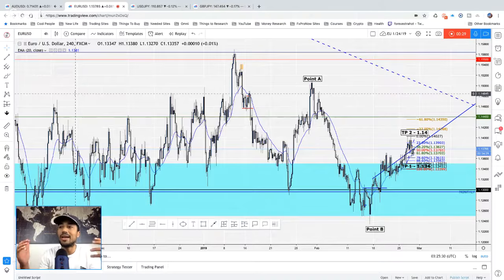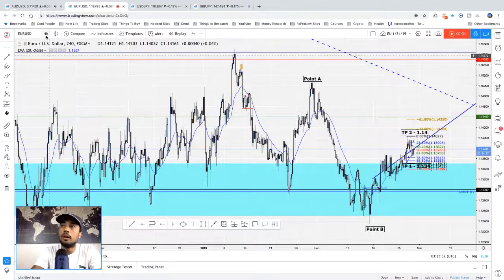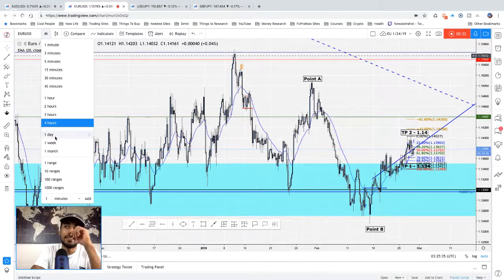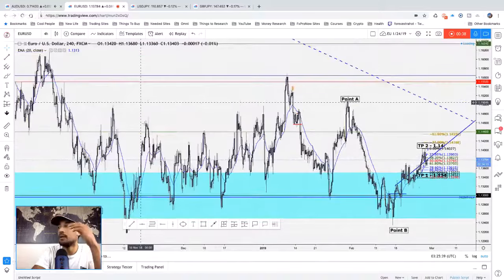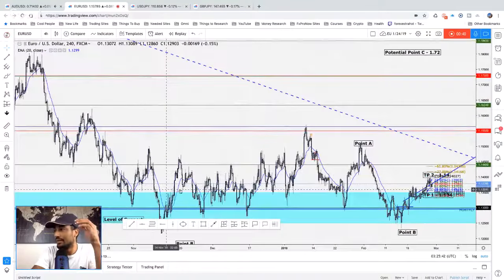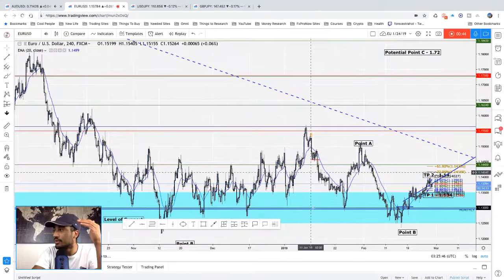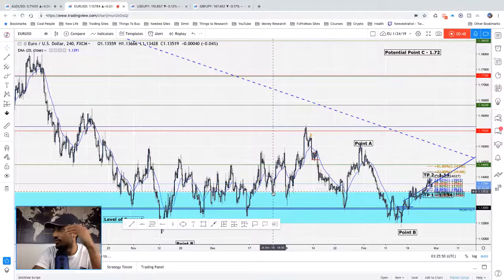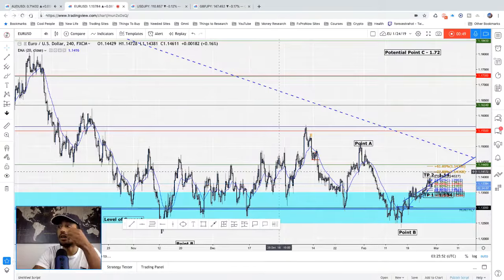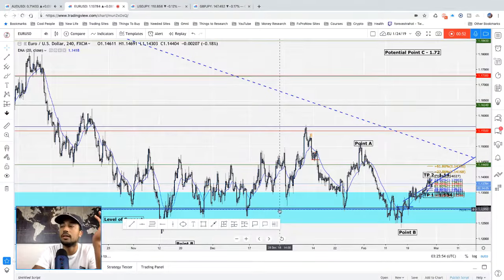They're both at a level of support that is in a crazy consolidation on a higher time frame. This is what I mean by crazy consolidation. It's been at this point for so long. This range is only 140 pips, which is nothing, right? This is in a major consolidation area.